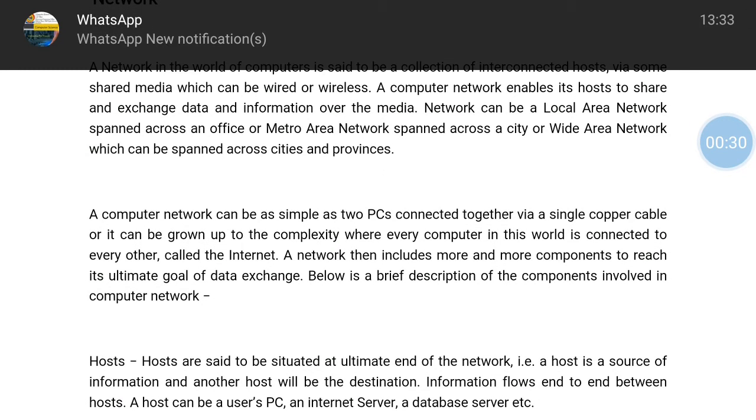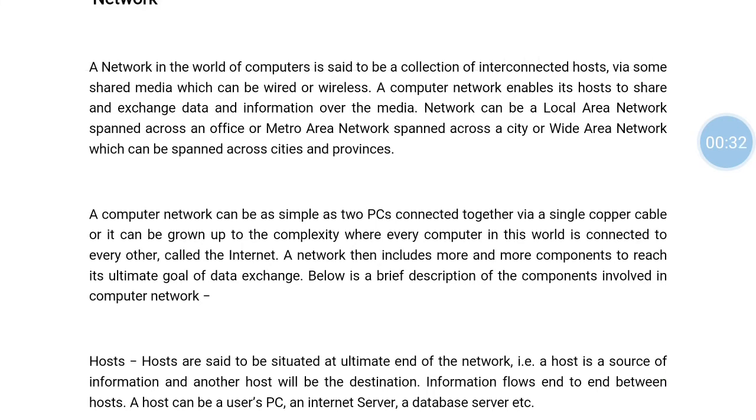A network can be as simple as two computers connected together, and as complex as every computer in this world connected to every other. Now, this is the network in which computers are connected to other computers via a wired or wireless medium.